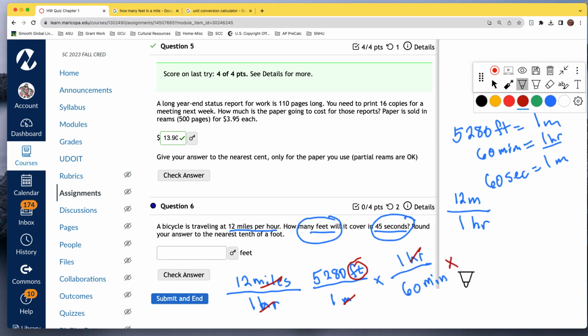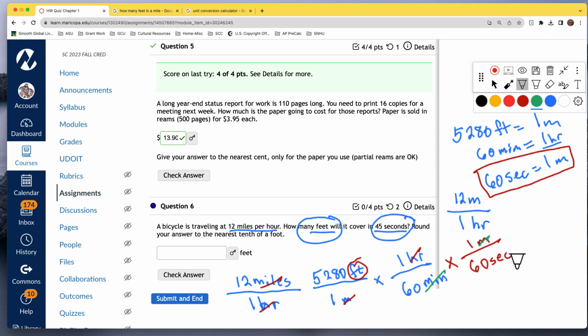So we have to convert again. This time we use the second factor, that there's 60 seconds in 1 minute. So the 1 minute goes up here. The 60 seconds go down here. And so minutes cancel. We would be left with seconds, but our units would be feet per second, right?